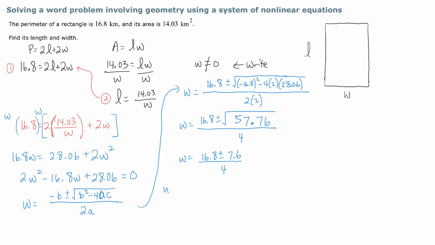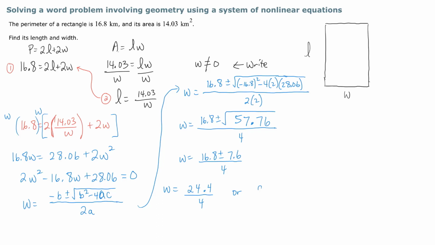So we have two equations now. W is equal to, we have 0.4, 4, and then a 2, right? That's one of your W's. Let me double check with a calculator here since I have it handy. Yes, that's correct. Divided by 4, excuse me. Or we have what? 9.2?